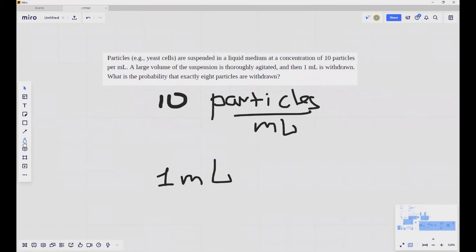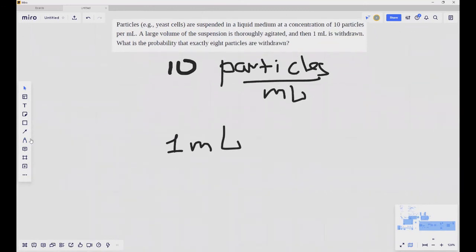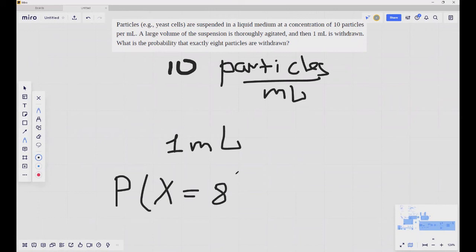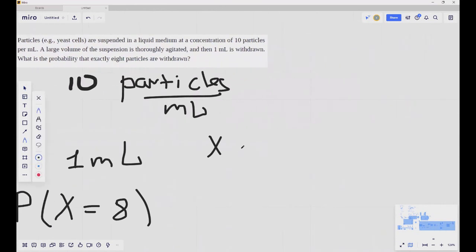And the question is, what is the probability that exactly 8 particles are withdrawn? So we are looking for the probability that x is equal to 8, where x is a Poisson random variable with the following parameter. So now the question is to find the parameter of that random variable.